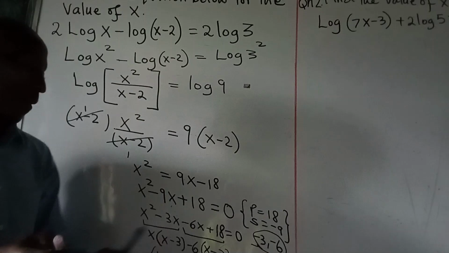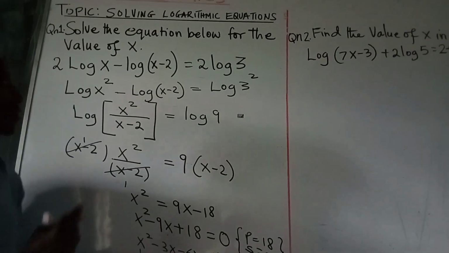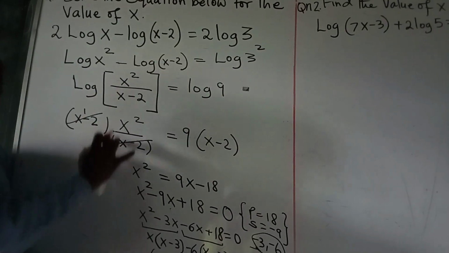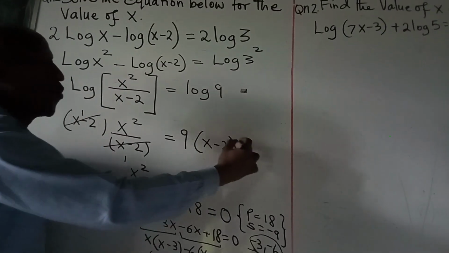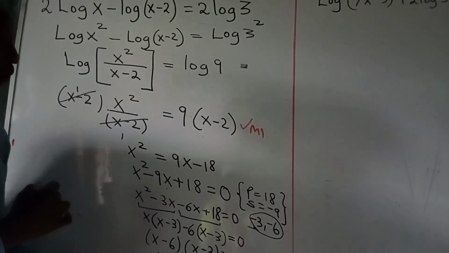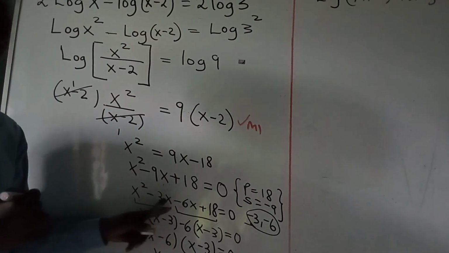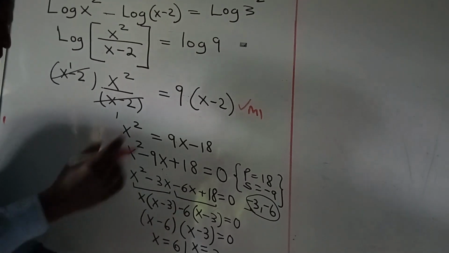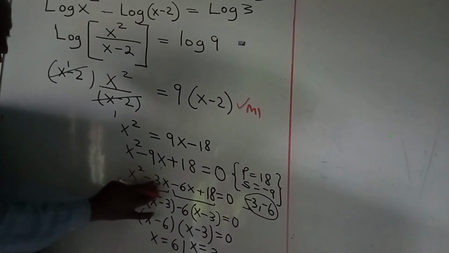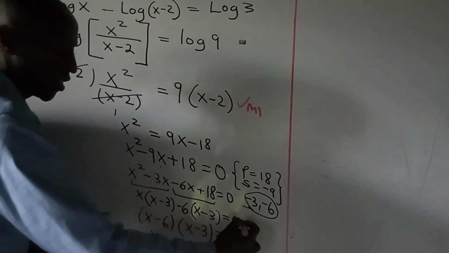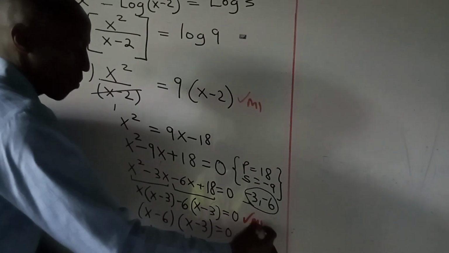At this point, we need to look at the marking points. When the student is able to drop the logarithms at this level, we give a mark. First, M1, method mark. When the student is able to do the factorization and gets the factors, preferably either at this level or at this point, we give an M1.